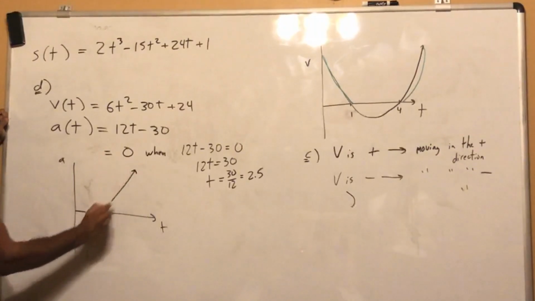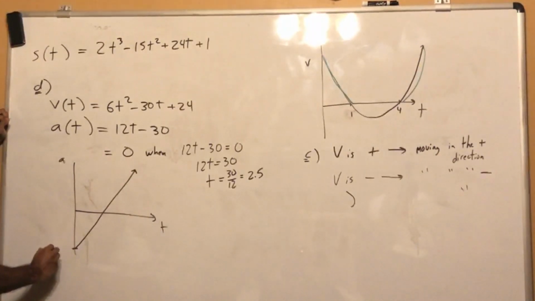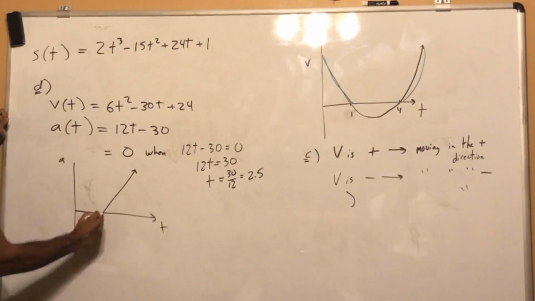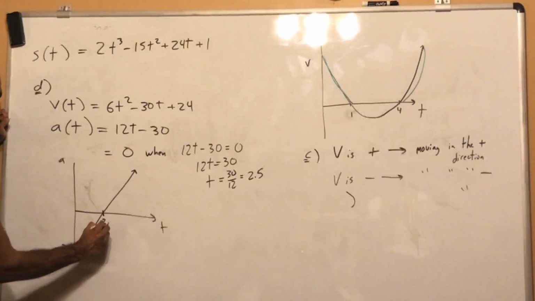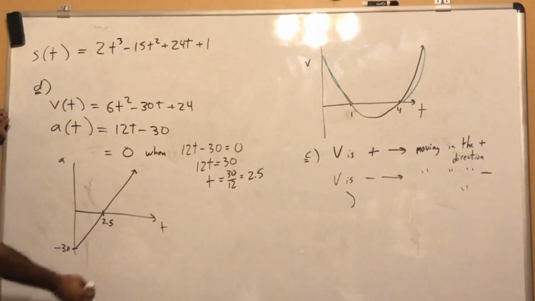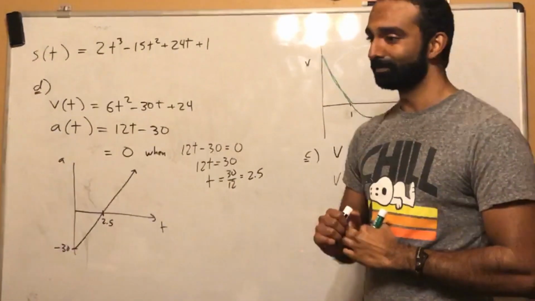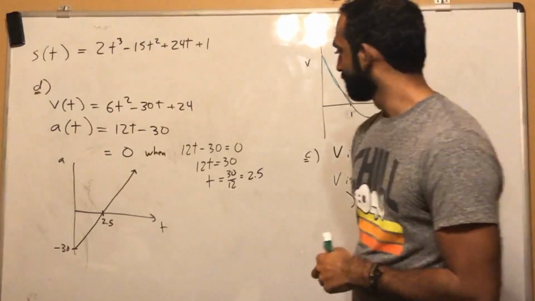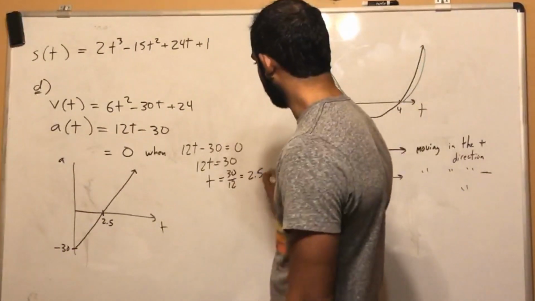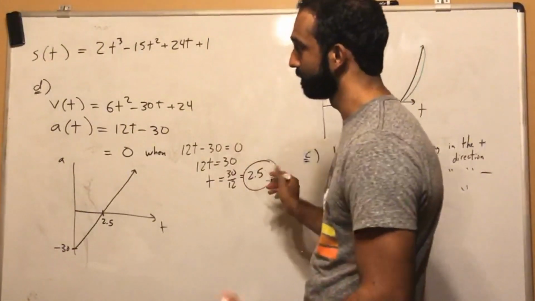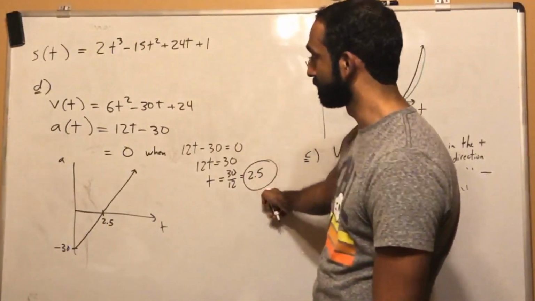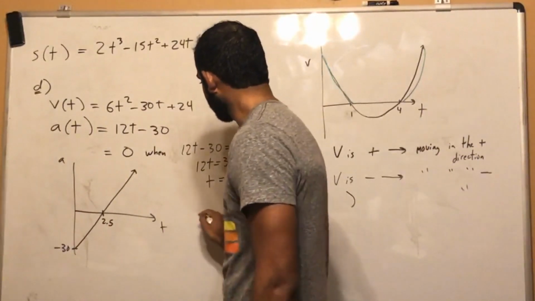So negative 30 right there, and 2.5, and the slope is positive 12. Here is when acceleration is 0. When is acceleration positive?